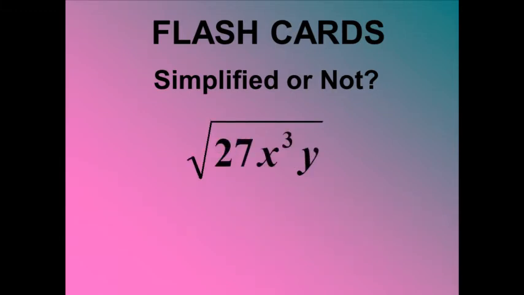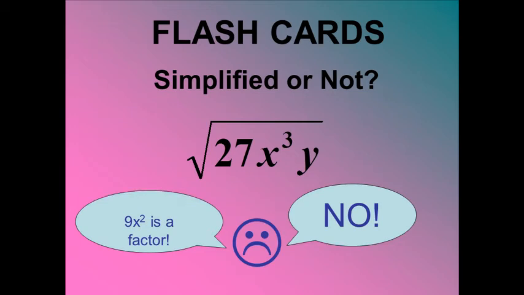The next one, the square root of 27x cubed y, is that in the simplified form? No. Why? Because 27 has a perfect square factor that is 9, and your x cubed has a perfect square factor that is x squared. So this particular radical expression is not in the simplified form.